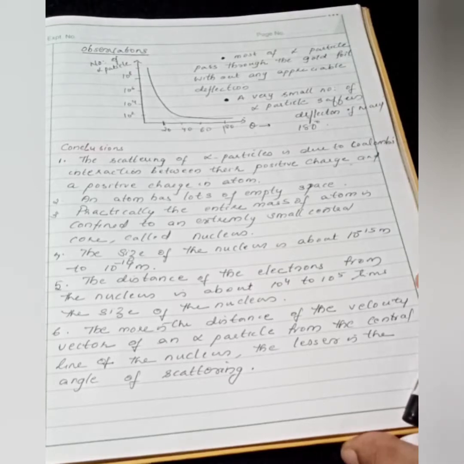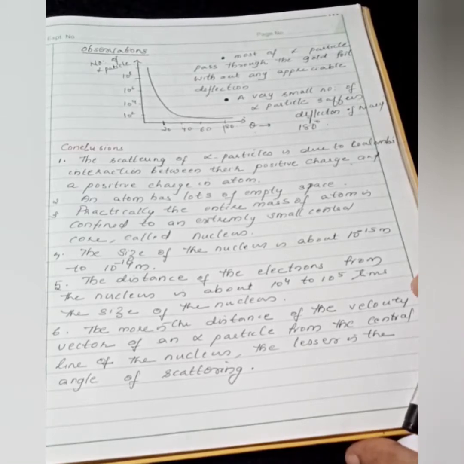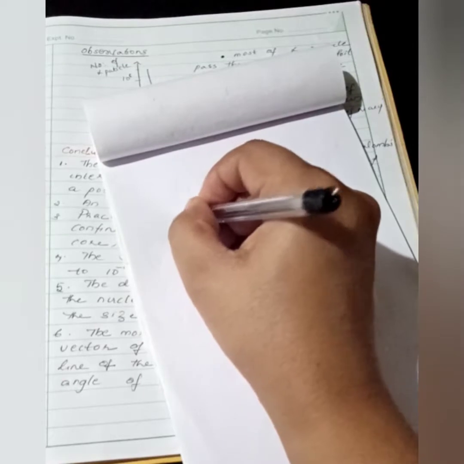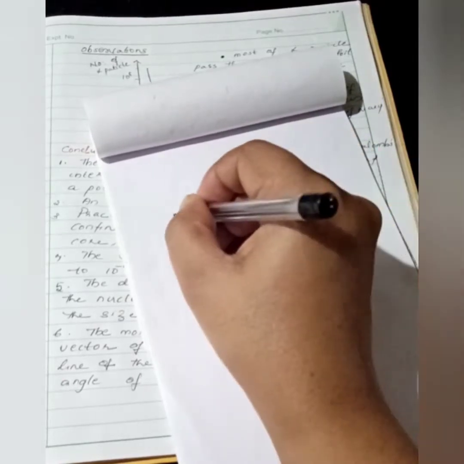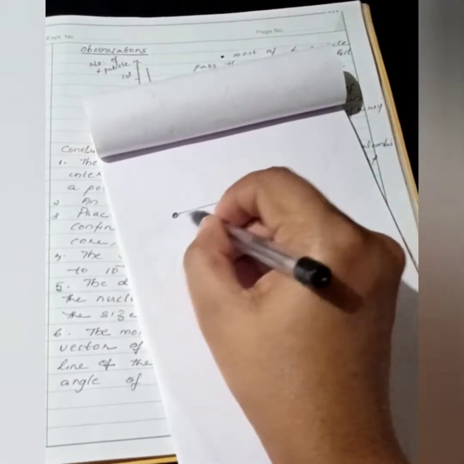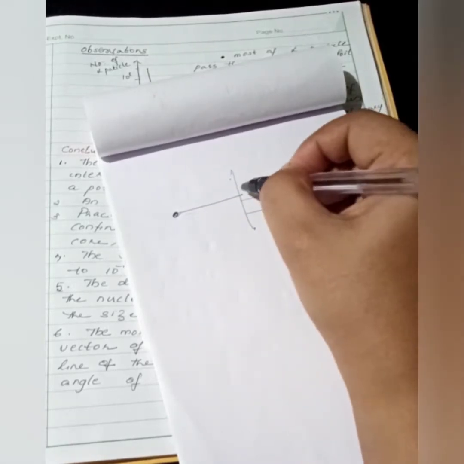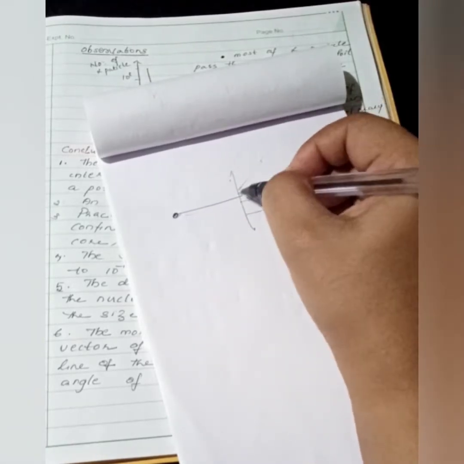And he also concluded that the more the distance of the velocity vector of an alpha particle from the central line of the nucleus, the lesser is the angle of scattering. See, if this is the source, most of the alpha particles will pass through the gold foil. Some are getting deflected.